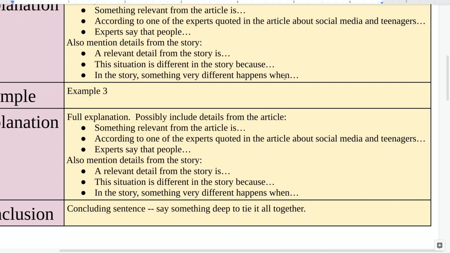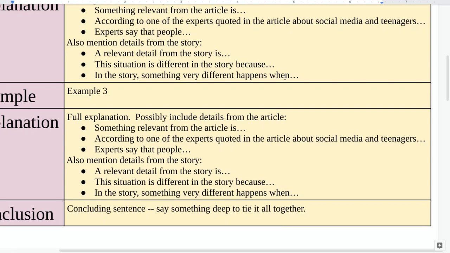The reader puts effort into reading what you have written, and by the end, if you can add some little bit of wisdom, like, the plot, the characters, and the conflict of this story would have been different in the era of social media, and this shows us that, or these differences demonstrate. If you can add a tiny little bit of extra value, a little bit of extra wisdom, then that's how you get to that level 4.